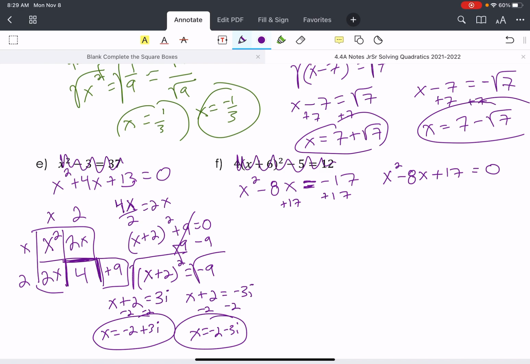Now I got to put it into vertex form. So I'm going to do my extra box. So x squared. Aaron, do you remember what's next? Good. Negative 4, because I take my middle number and cut it in half. Good, Aaron.